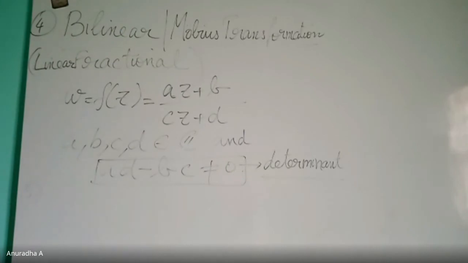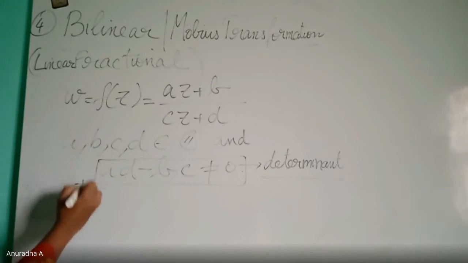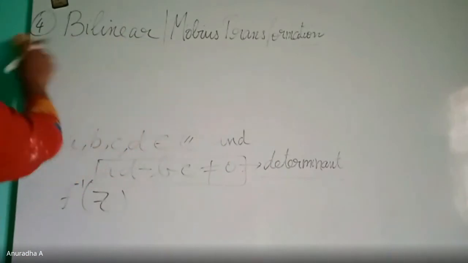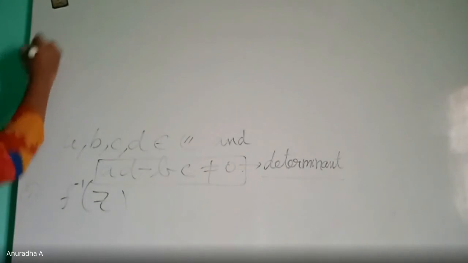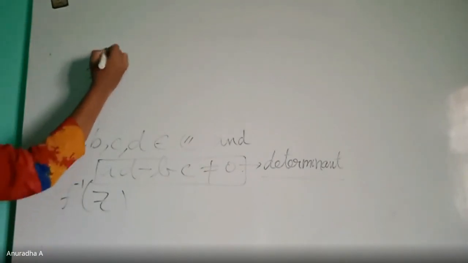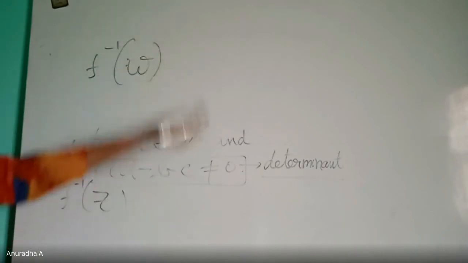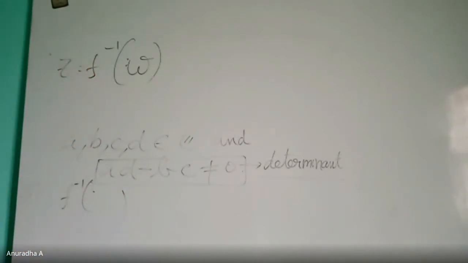Now, what is the fifth point? Its inverse mapping. That is F inverse of W. We are bringing to the other side, right? That is called Z. Even this we can find out.